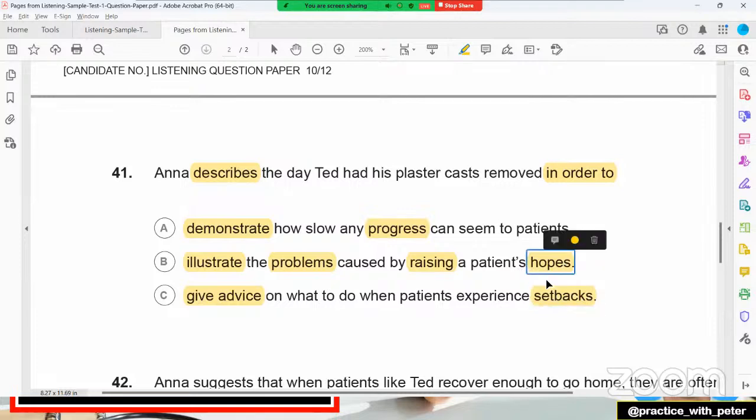This is raising hopes. This is patient experience setbacks. What to do? Action plan. Progress, problems, action plan. Regarding setbacks. Setbacks. Drawbacks. Patient experience setbacks. That means feeling down, low, that is setback.